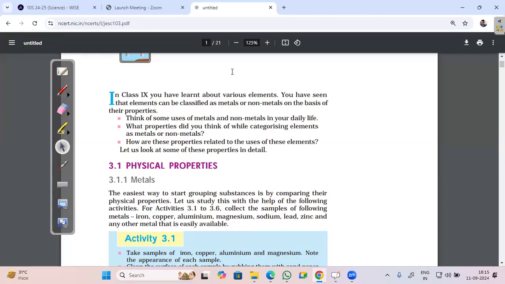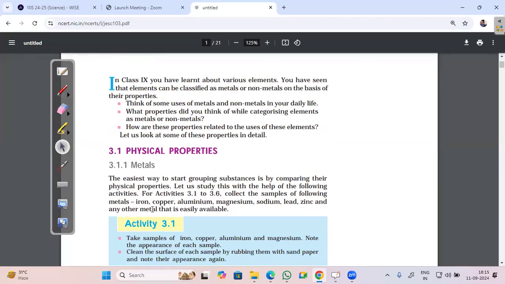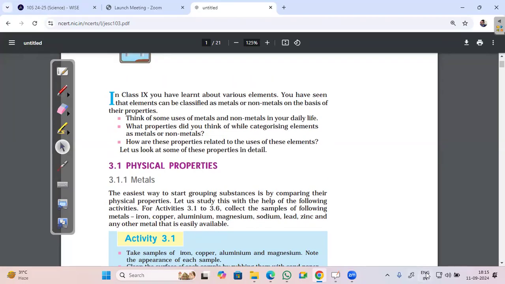Am I audible to you all? Yes, sir. No responses? Okay, see. So, we will come to the definition. How do we say that it is a metal or a non-metal?